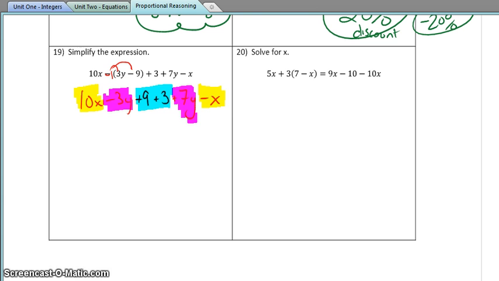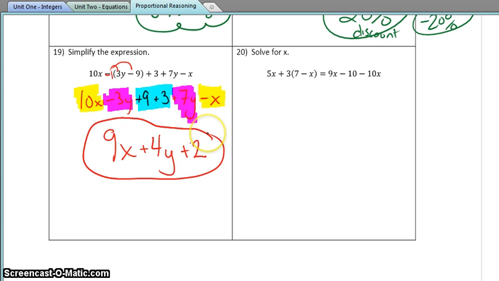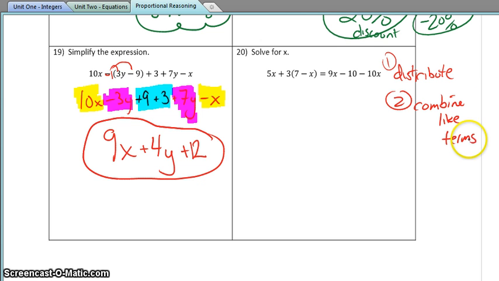Okay. 10x minus x, 9x. Negative 3y, 7y. 7 minus 3 is 4y plus 12. We distribute first and combine like terms second. Gotta remember to do that.